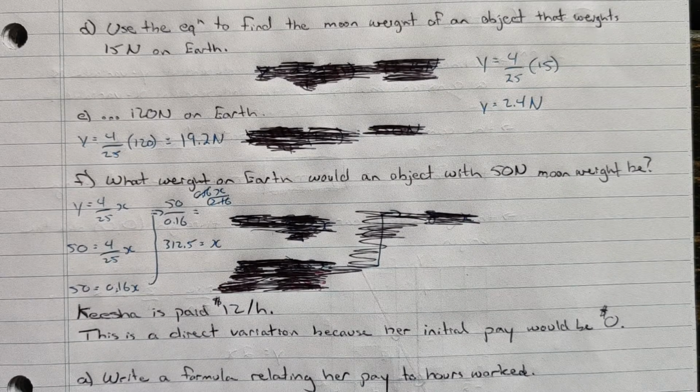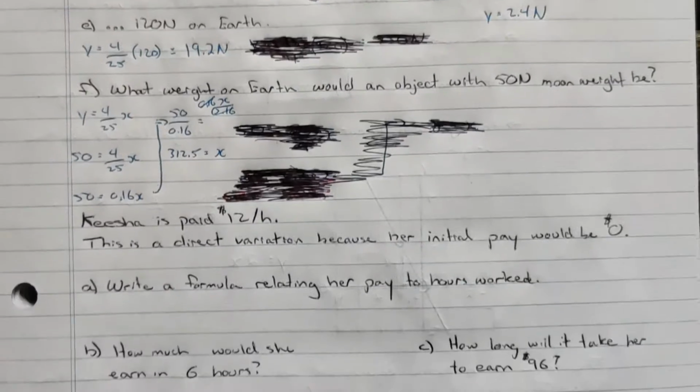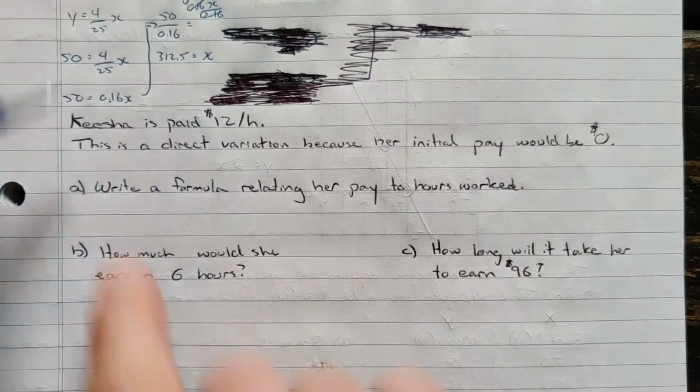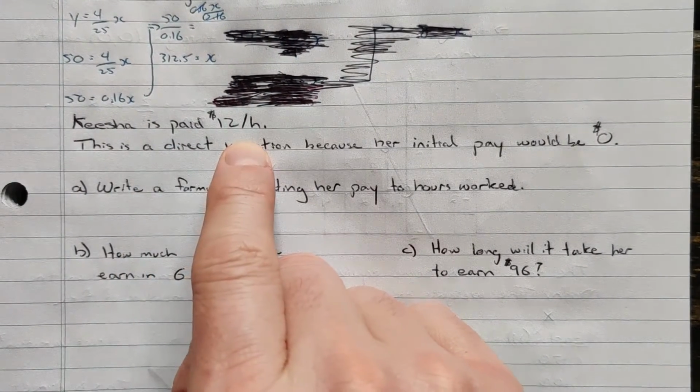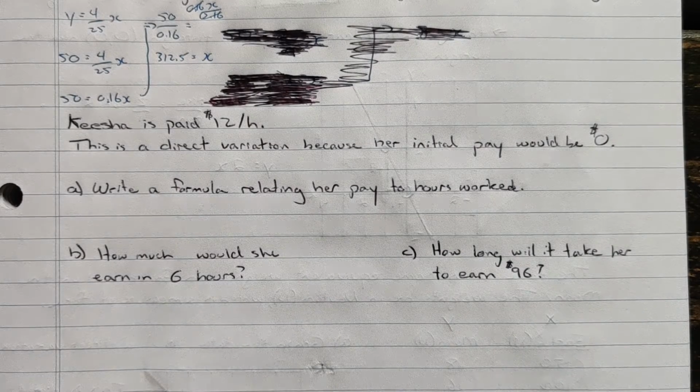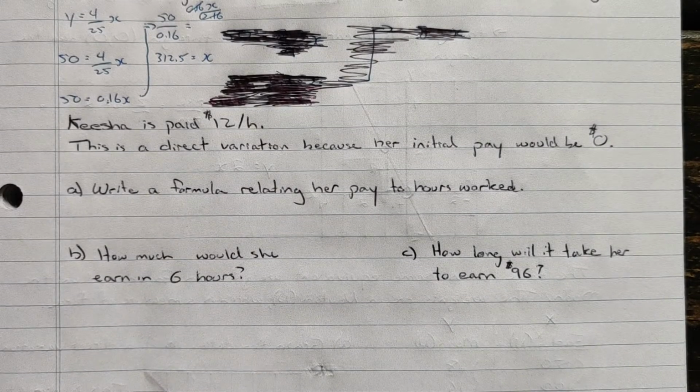Okay, a couple more questions here with direct variation. In this next part, we have Kenesha is paid $12 an hour. So this is a direct variation because her initial pay would be 0. If she doesn't work, she doesn't get paid. That's 0 hours worked, $0 made.